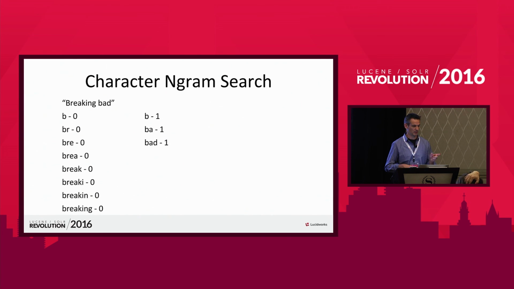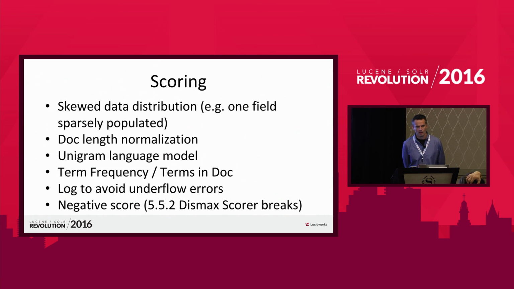So Breaking will be emitted with position 0, so B, BR, all in position 0. And then the second token, Bad, all of its Ngrams are emitted in position 1. And I'll talk about why this is important.